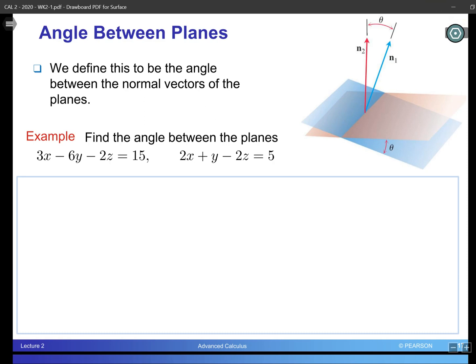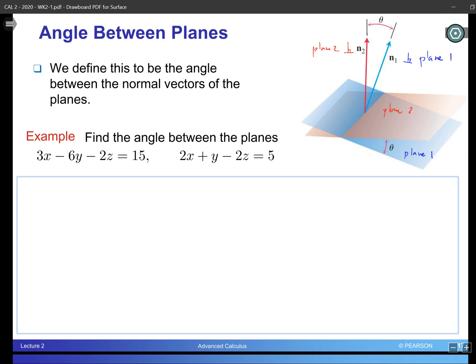So the first thing we are going to do here is to find the vector n1, which is orthogonal to plane 1. This blue plane is plane 1. And then we find this vector n2, which is orthogonal to plane 2, which is the pink plane.